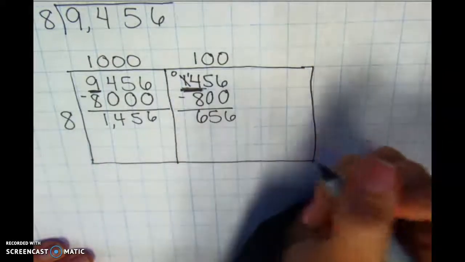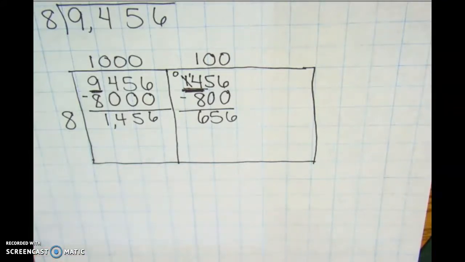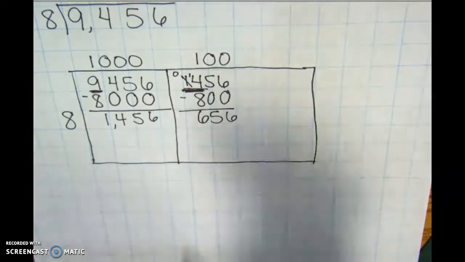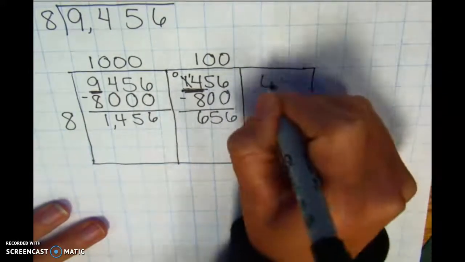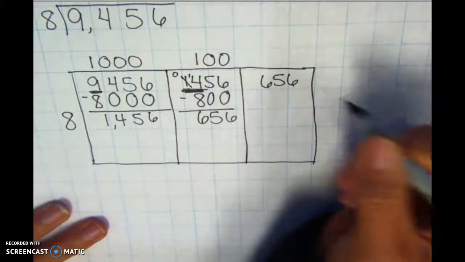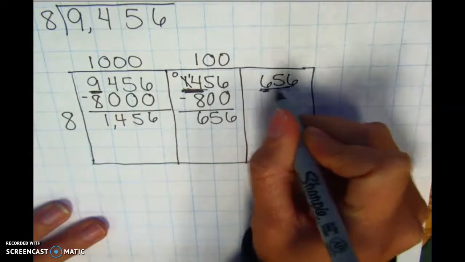But regrouping is an issue with some of our students. So if you could practice subtraction problems at home, that would be really, really helpful because no matter what method you use with division, you have to be subtracting. So I'm going to draw another line down here, and I'm going to take my difference and rewrite it up here. Now, 8 can't go into 6, so we're going to be looking at 65.